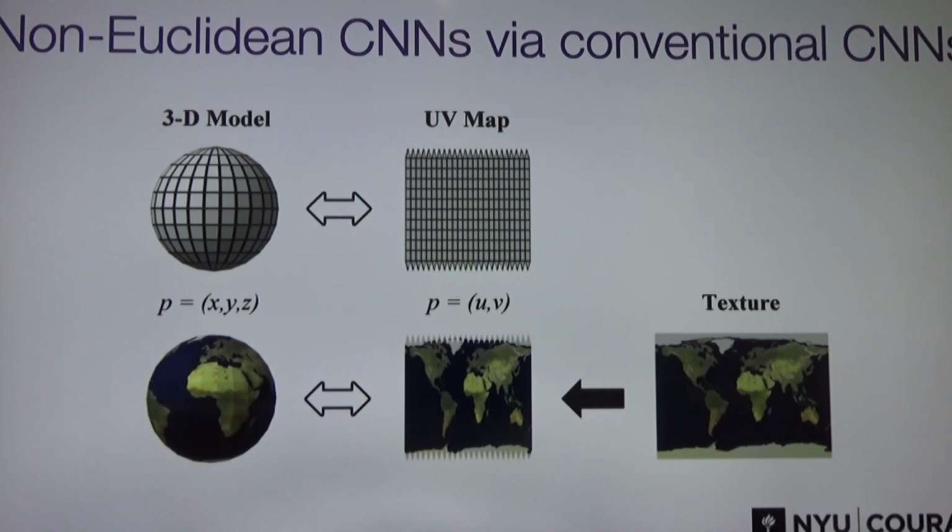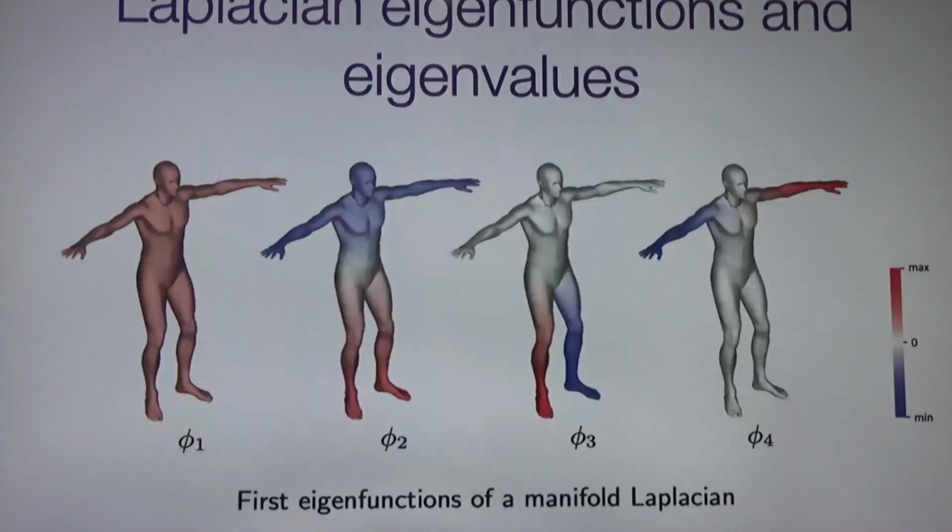This will enable us to project the 3D geometry to the two-dimensional map and obtain an image, and on that image we can run conventional convolutional neural networks. This is an area that hasn't been explored, and well, I mean, not sufficiently enough probably, I think we will see a lot of progress in the upcoming conferences.